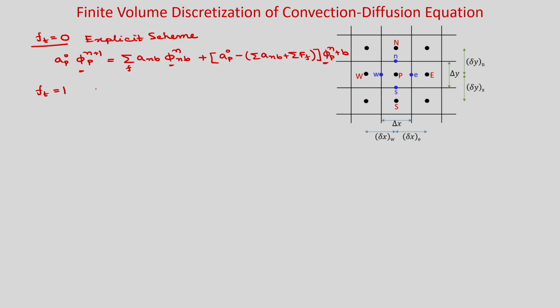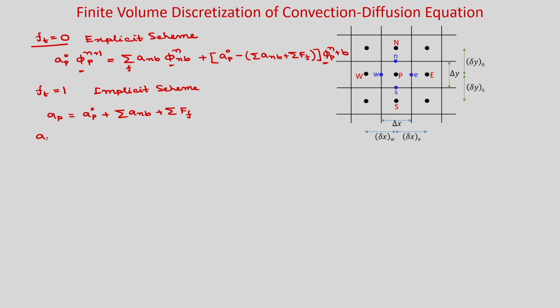Now, if f t is equal to 1, you will get the implicit scheme. In this special case, a p will be a p naught plus summation of a n b plus summation of f f.